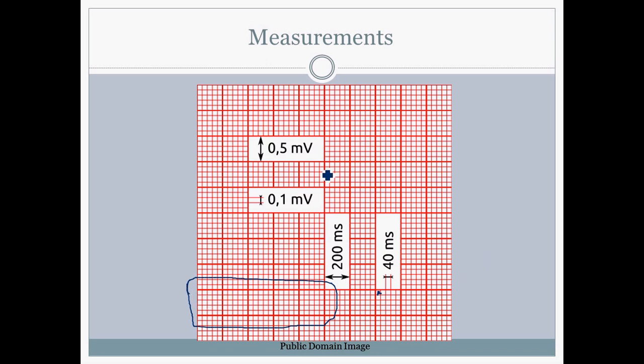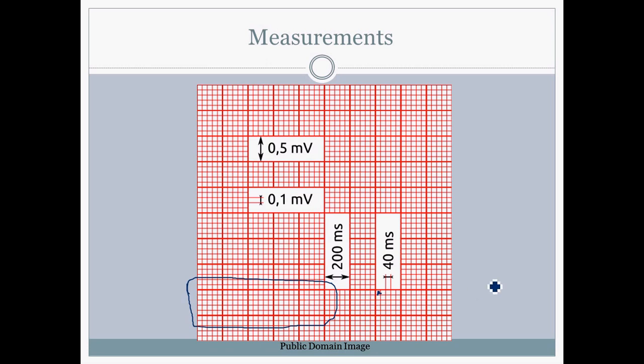When measuring rate, especially if you're in a telemetry ward where no one's normal, it's very difficult to use the 300 method to determine the rate. So typically what I would do is I would have a strip of 6 seconds, so 30 boxes.